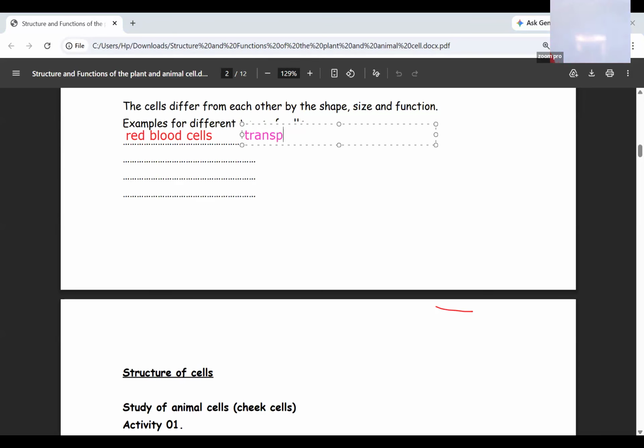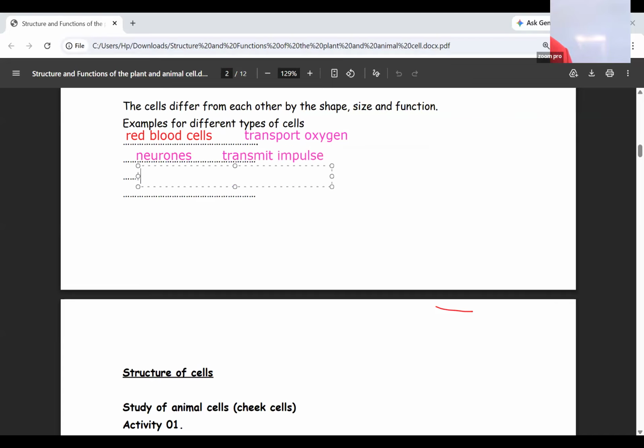Then we'll write neurons, or neuron cells. What is the function of neurons? Transmit impulses. I think that word is familiar. Impulses means the messages, actually, right?